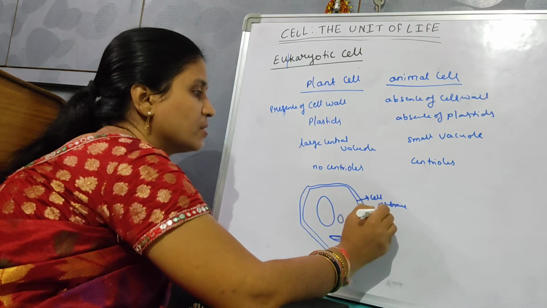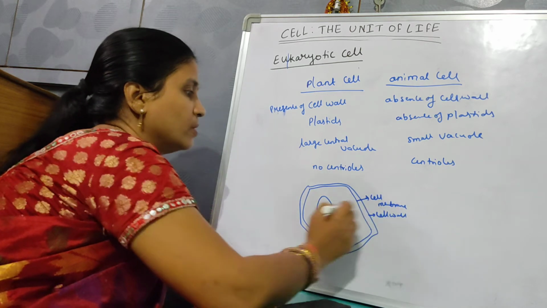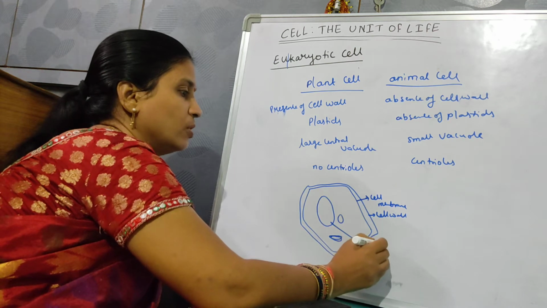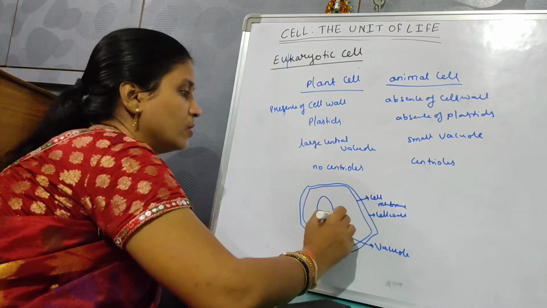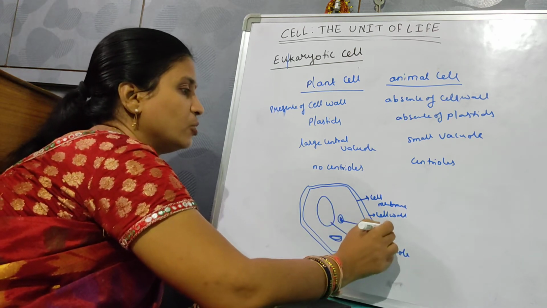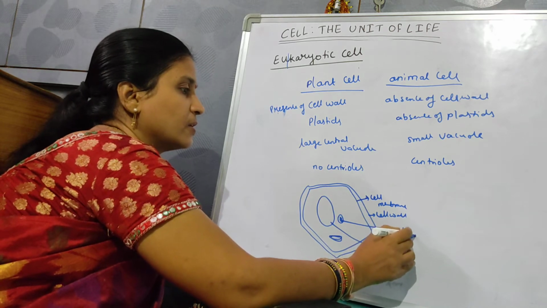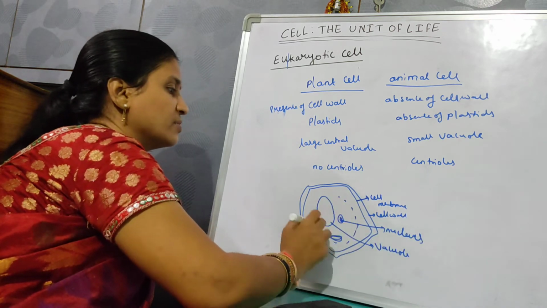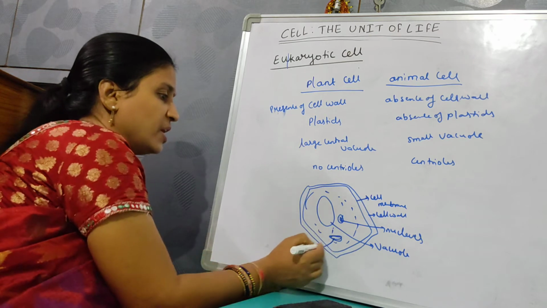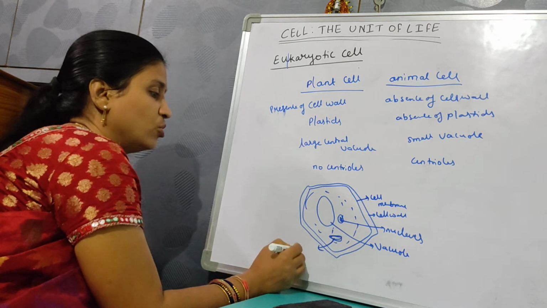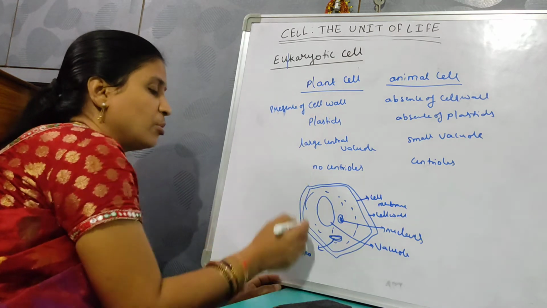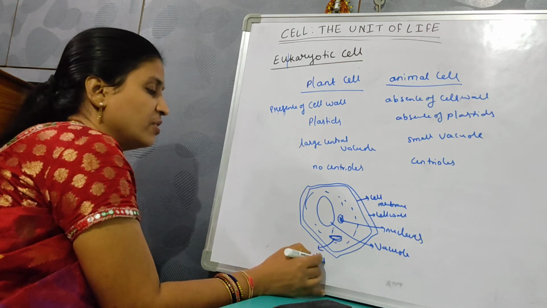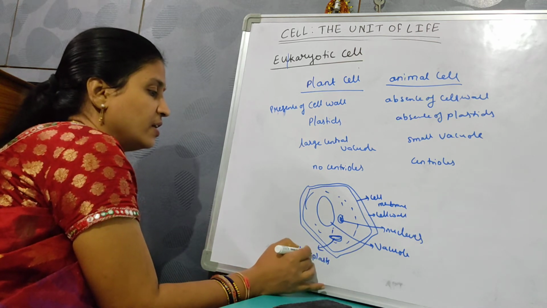This is the cell wall. This is the vacuole. This is the nucleus. This is the cytoplasm. The main thing, the plastids, the chloroplasts are present. In detail about plastids we will study in the next class.